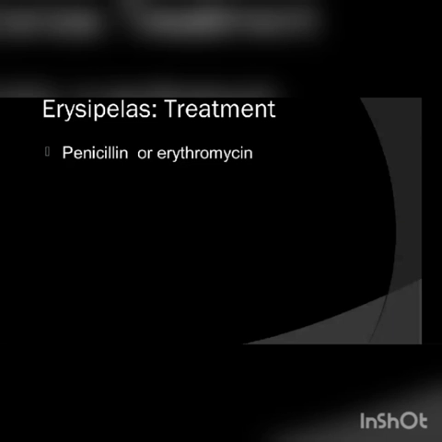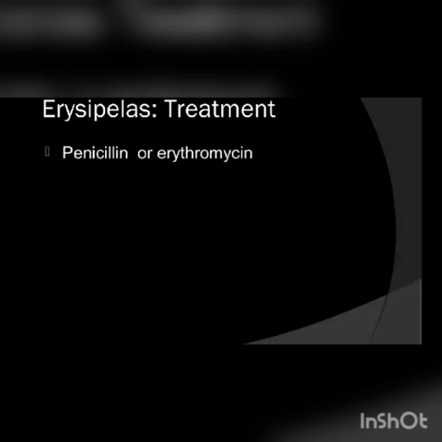Now we can see the treatment modality. Usually penicillin and erythromycin are the drugs of choice. Okay, it usually needs treatment and it can be resolved by penicillin and erythromycin. So that's about erysipelas. It is a very small condition.